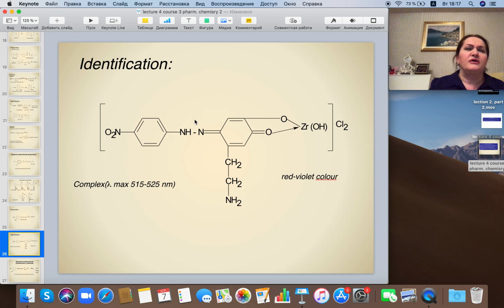And the third reaction forms, for example, another dye.